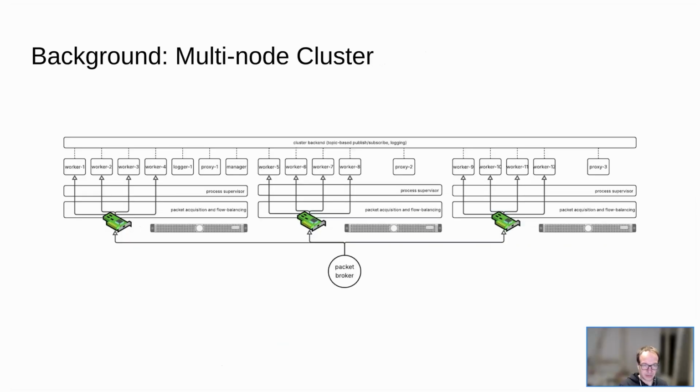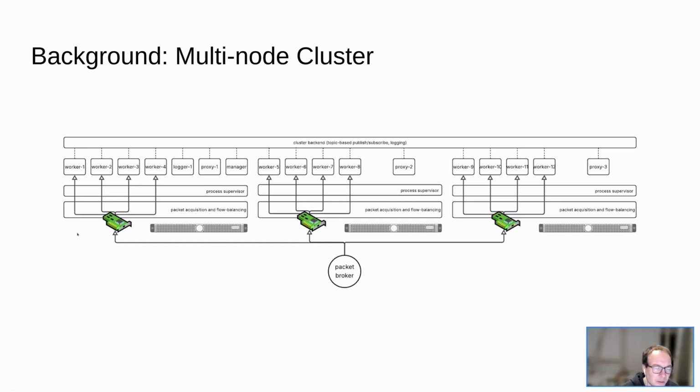So I'm going to go to the next slide, and here this depicts 3 physical machines, so 3 hardware machines, where each of the machines has an individual network card that is receiving traffic. You need something before those machines. It's generally called a packet broker that does the flow balancing across the machines. And then there's more flow balancing within each of the machines to the individual Zeek workers.